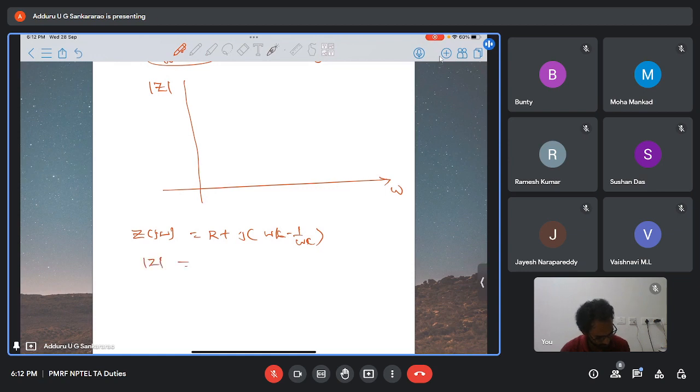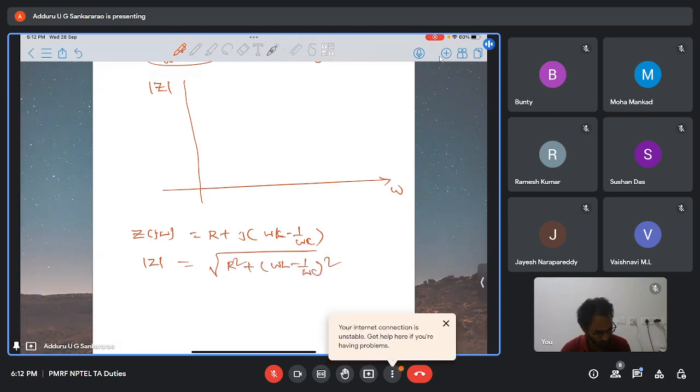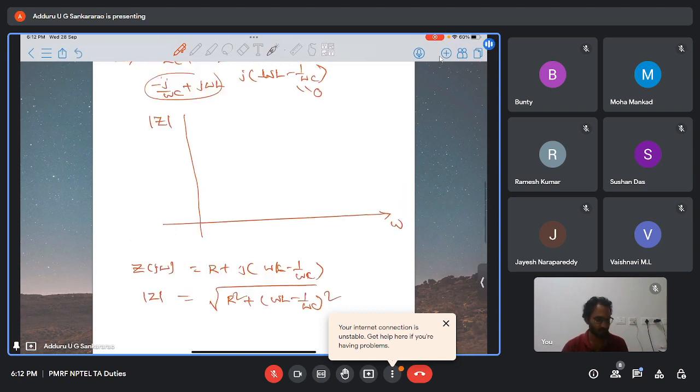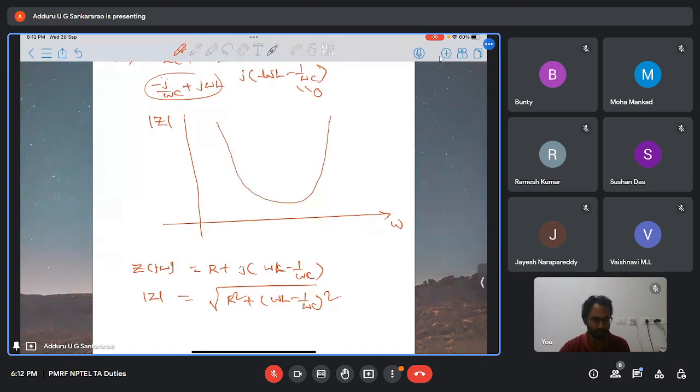So mod Z is root of R square plus (omega L minus 1 by omega C) square. If you draw the impedance of the series RLC circuit, we will get something like this.